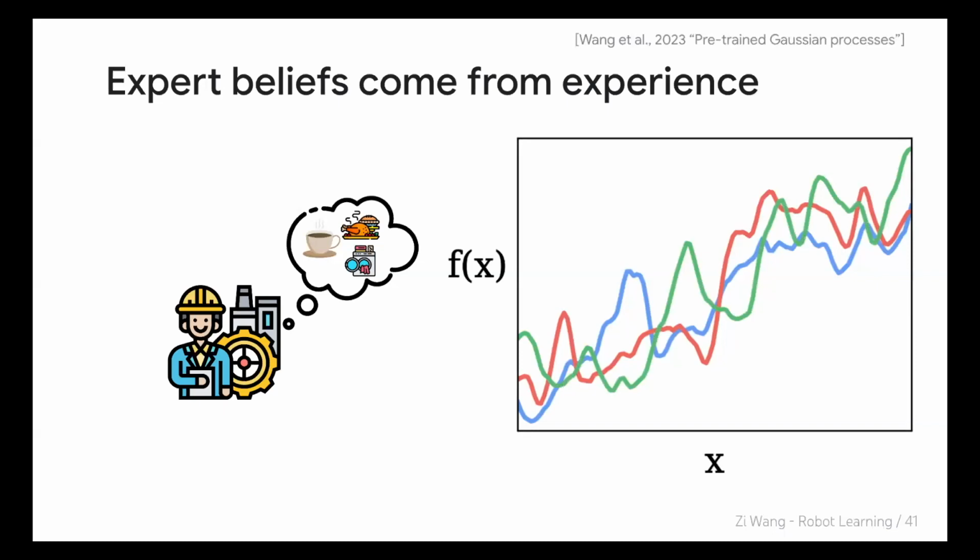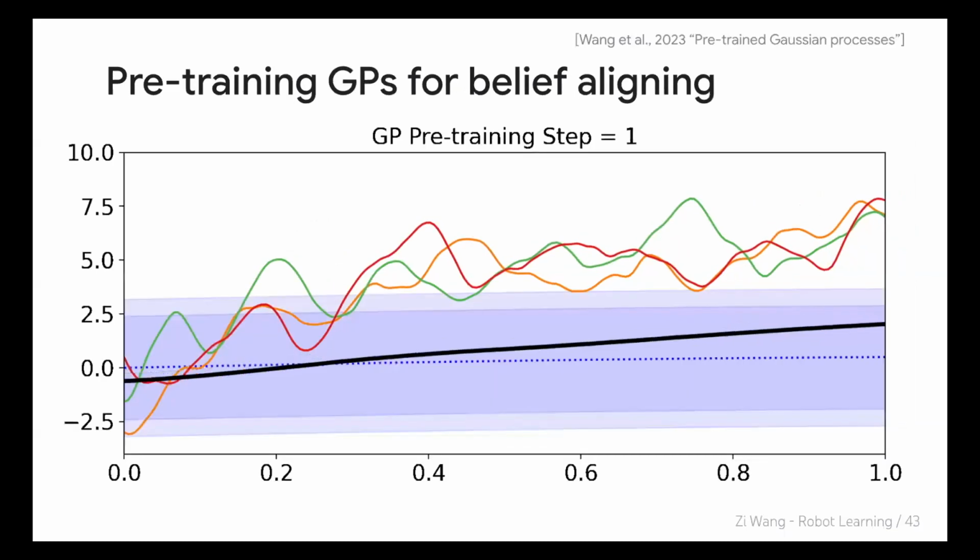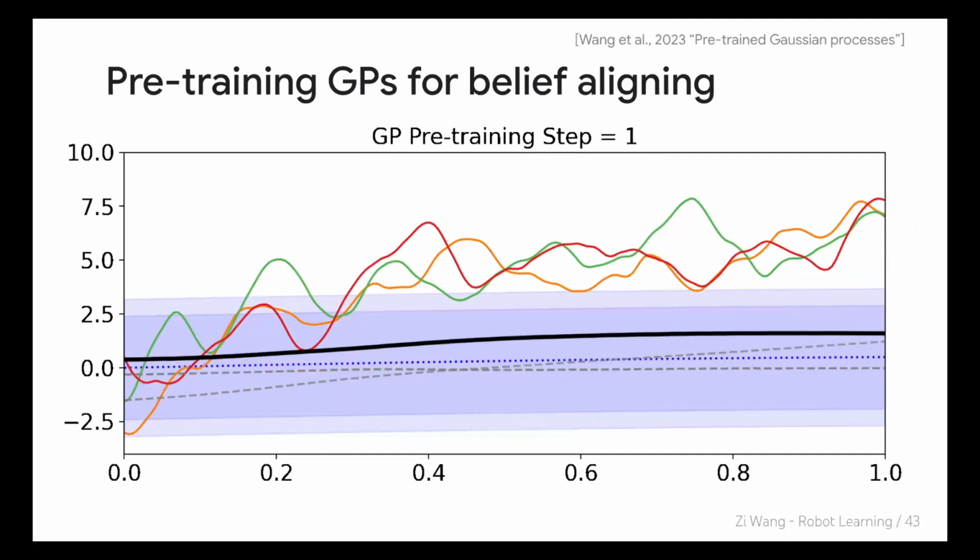Okay, so that's our goal. And we can do this by learning from these training functions. We can also reframe the problem as, how do we generate new functions that mimic the characteristics of the functions for these observed tasks? And this turns out to be a pre-training problem.